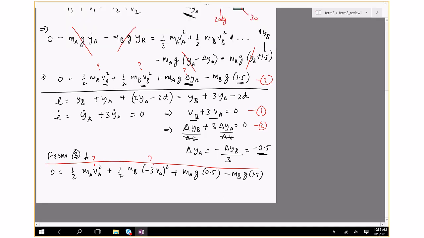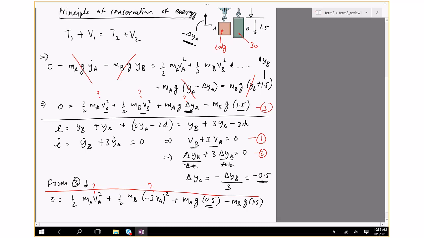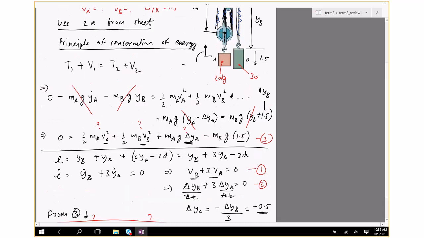So 0.5 is positive? It's positive because, okay, if maybe this is confusing, let me backtrack and this will remove the confusion. When you start off, you do not know if A will move up or down. Just let's stick with that. In which case delta y is down, right? Delta y is positive downwards.